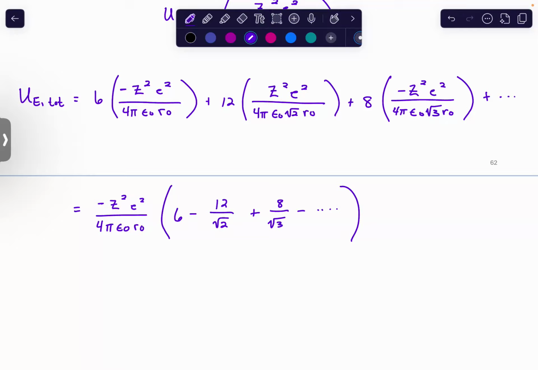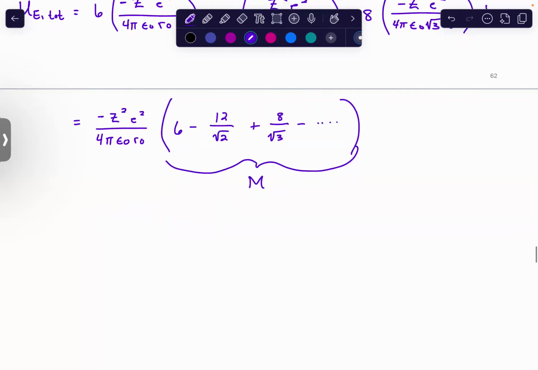Now you have come across a brand new constant, which they call N. When you're looking through more advanced textbooks, it is called the Madelung constant. You find this constant a lot in solid state materials. It really helps to describe solid state materials.